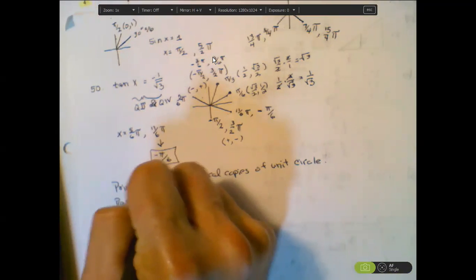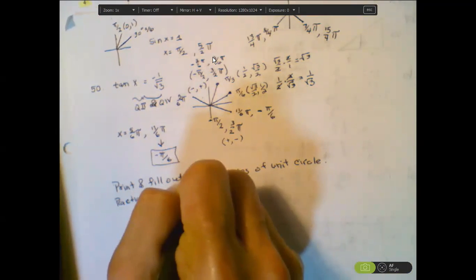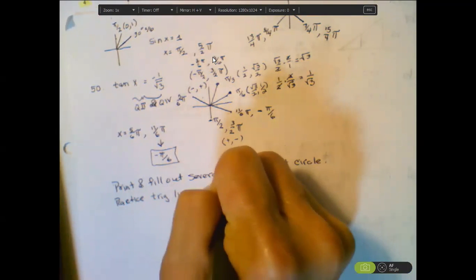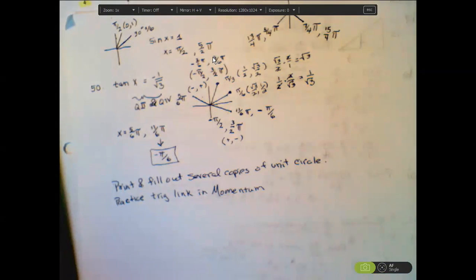But I'm going to say practice trig link in Momentum. I told you about that yesterday. There's a link to a website you click on. It will either give you degrees and you instantly type in the radians, or it'll give you radians and you instantly type in the degrees, or you can set it, there are all different kinds of settings.